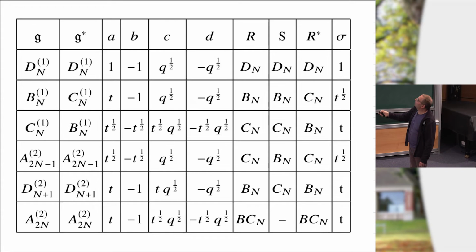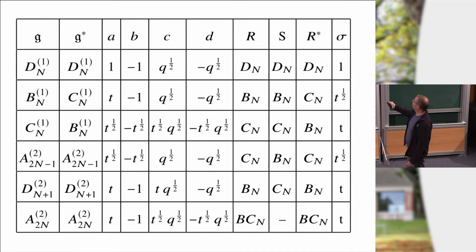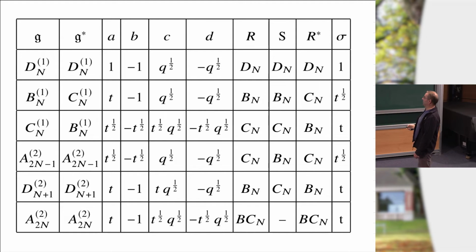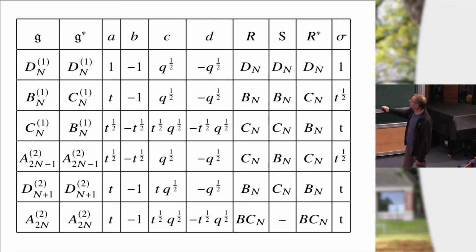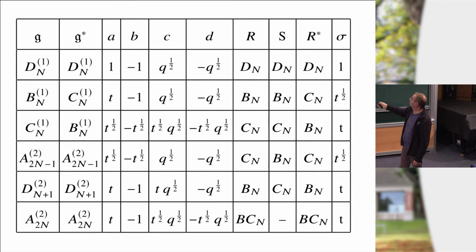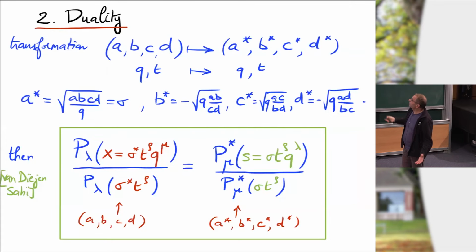And these are the values of A, B, C, D that you have to choose to get those theories. Okay? So this just refers to Macdonald's notation in pairs of root systems. And this is this parameter sigma, which multiplies in the definition of s. So it's either 1, t to the 1 half, or t. Okay. Duality.